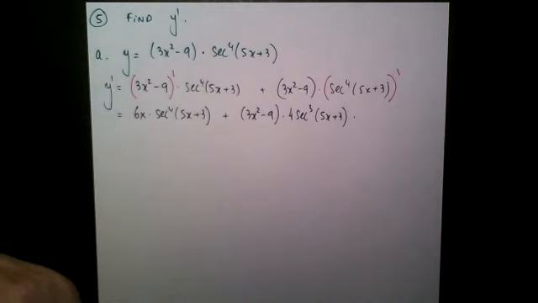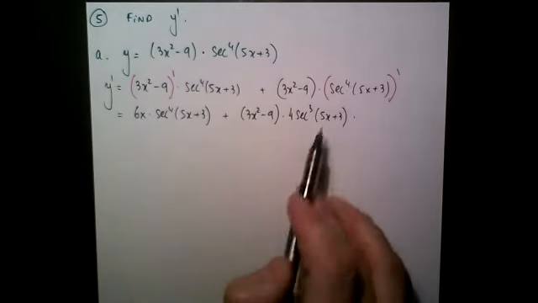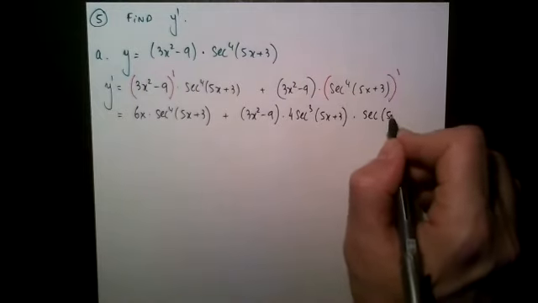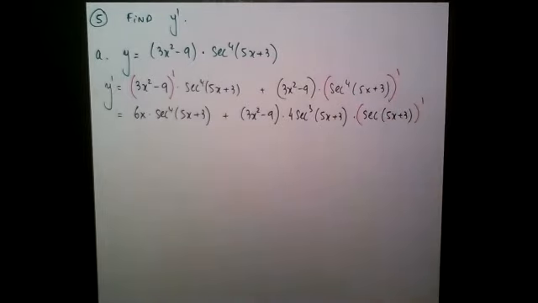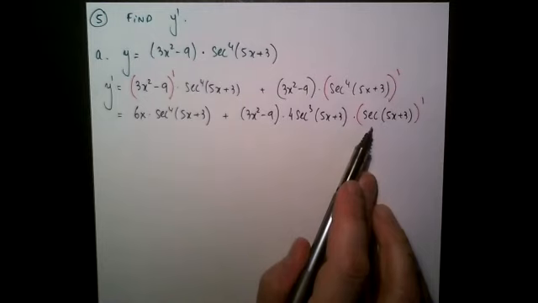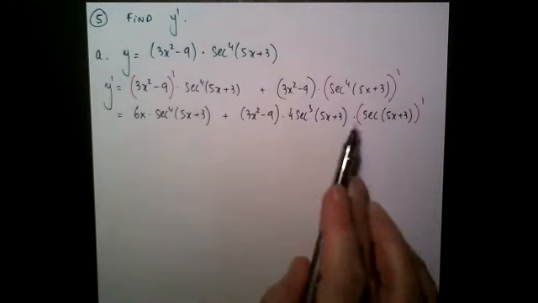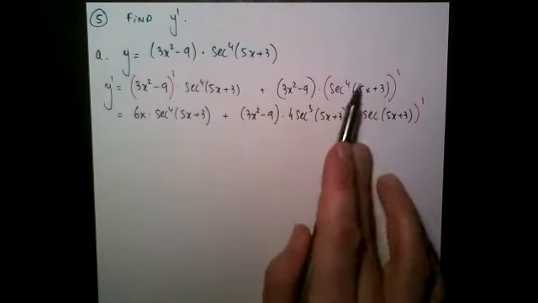No, you're missing something. So we derived the power 4, okay? We didn't derive the secant yet. Okay, so I'll do the step. Secant of (5x plus 3) prime. Do you understand this? Yeah. Okay, so be careful. Don't forget the steps. There's 3 steps here. You have to derive the power 4, then the secant, then the 5x plus 3.